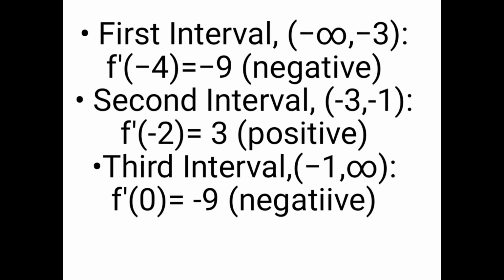For the second interval, we pick a value between minus 3 and minus 1, for instance, minus 2. f prime of minus 2 gives 3, which is positive. For the third interval, we pick 0, which is between minus 1 and positive infinity, and f prime of 0 is minus 9, which is negative.